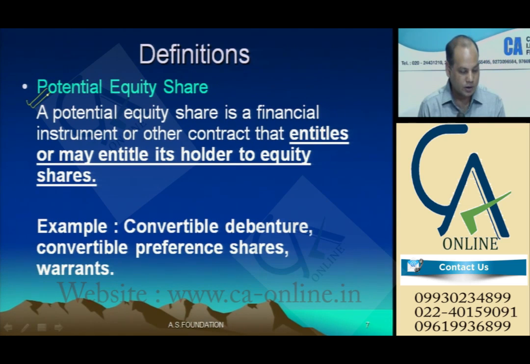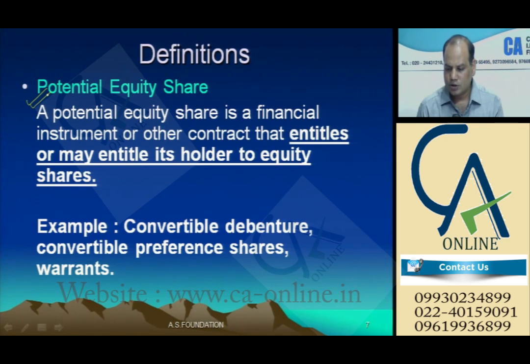Then in our syllabus we will study in this chapter options also. Then shares which would be issued on satisfaction of certain condition resulting from contractual arrangement. And share application money is also a potential equity share. Why share application money is also a potential equity share? Because it may also get converted into equity shares. So these are some examples of potential equity share.